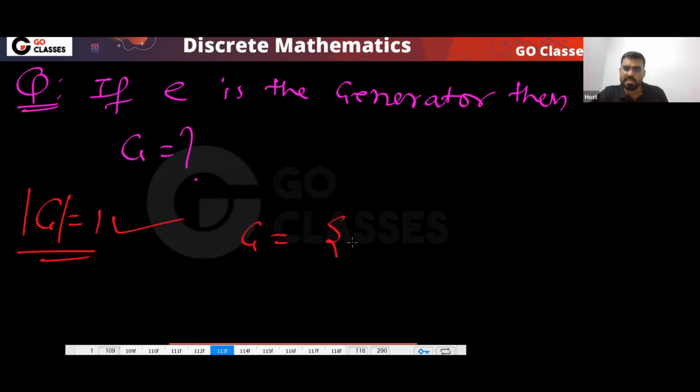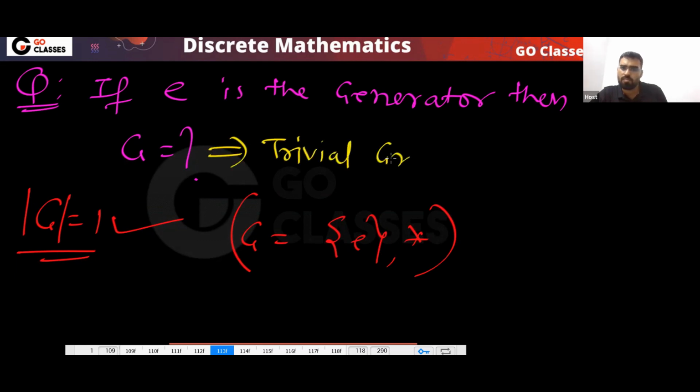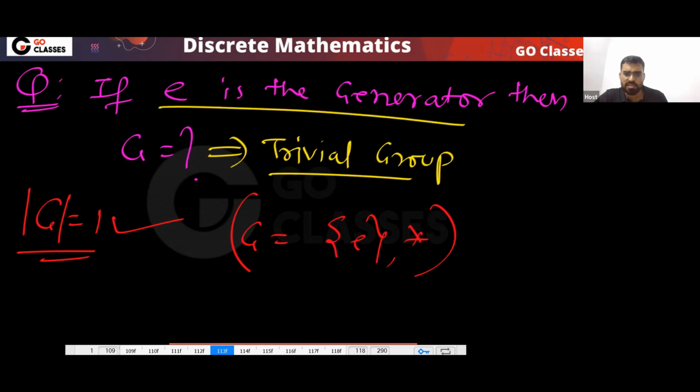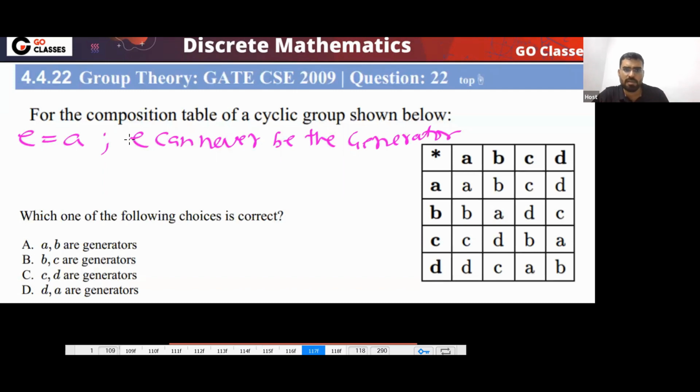G will be simply the trivial group. Only in the trivial group can the identity be the generator. In other situations, it cannot be the generator. So this A is not the generator, so this option is not correct, because A is the identity element.